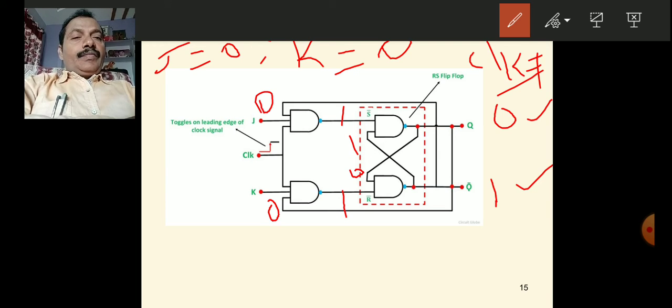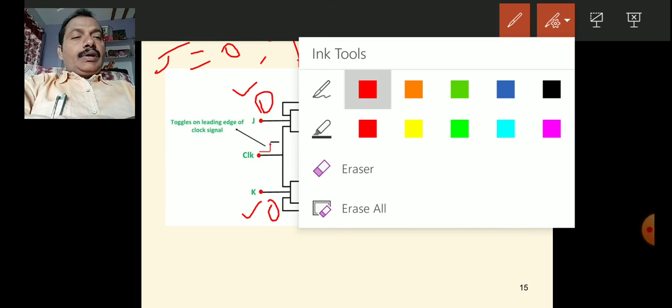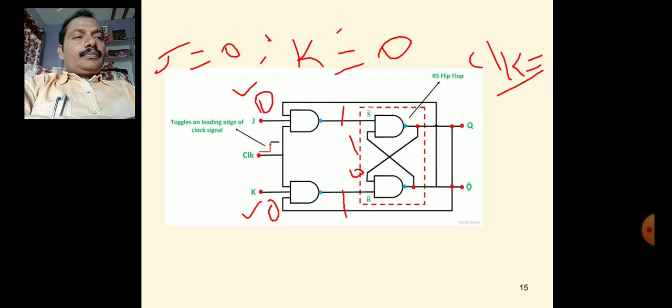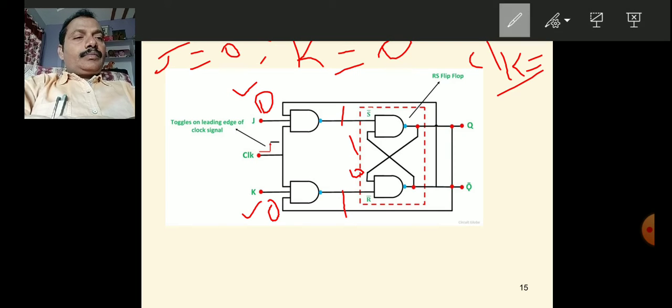That means whenever J equals 0, K equals 0, the flip flop holds the previous value only. Let us instead assume 1, 0.